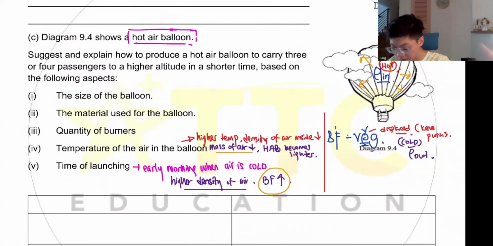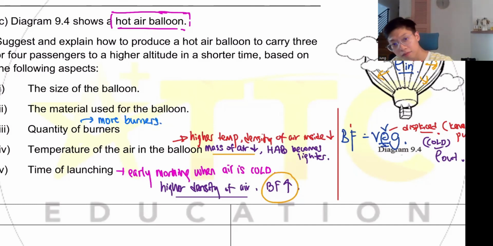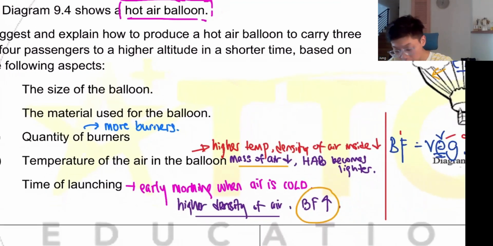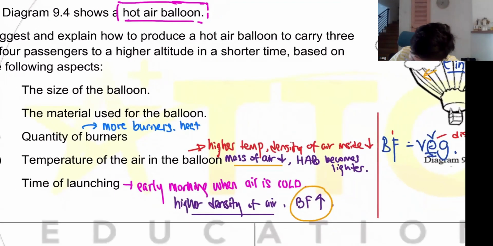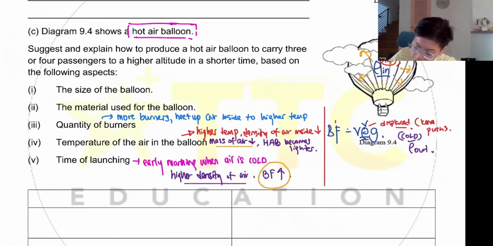Then next, what about the quantity of the burners? In this case, obviously we want to have more burners. Why more burners? So that you can heat up the air inside to a higher temperature.